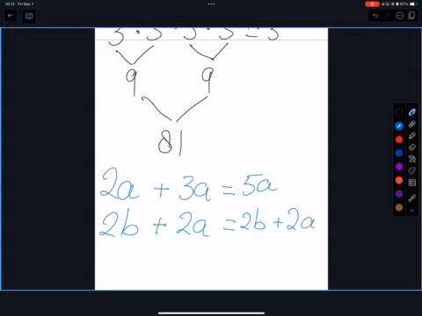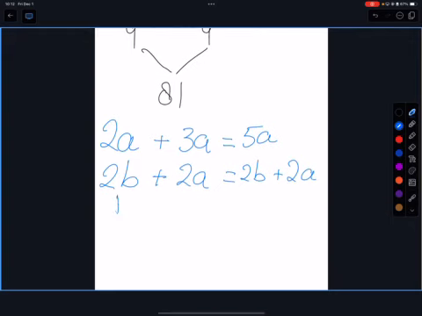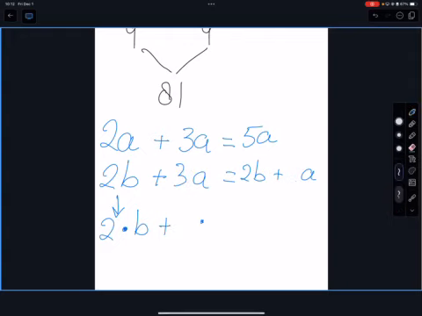You cannot join them together. What is written here? 2 multiplied by a number, and you add 2 multiplied by another number. So it's not 5ab.